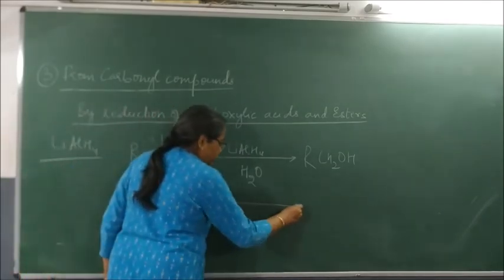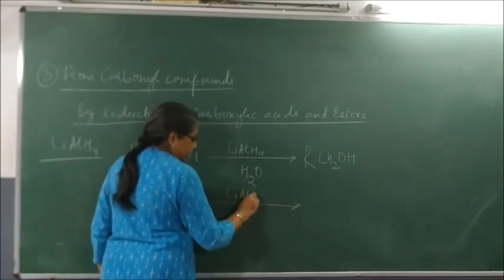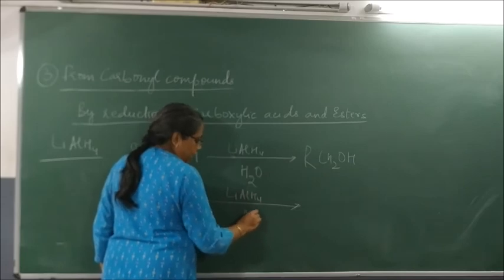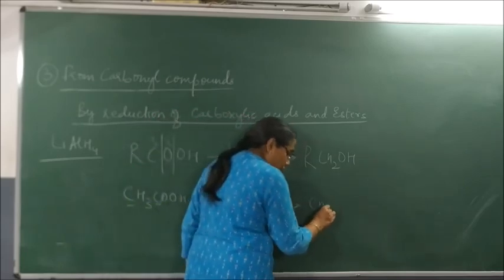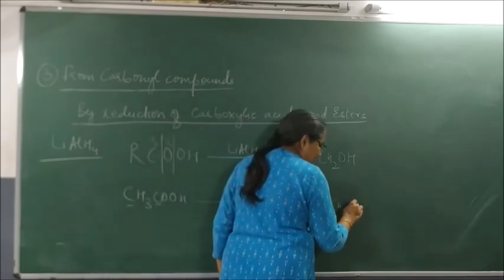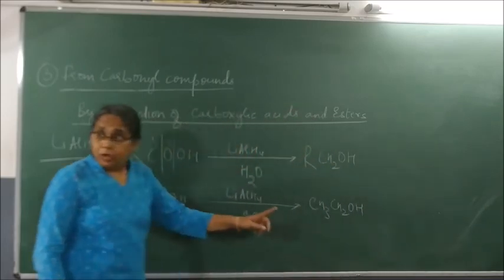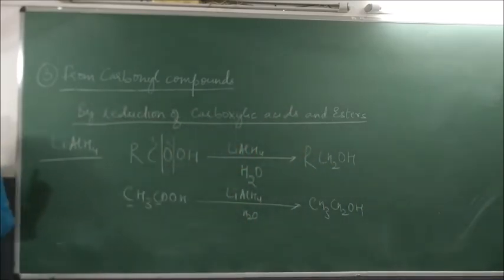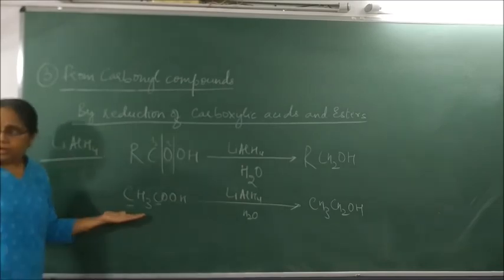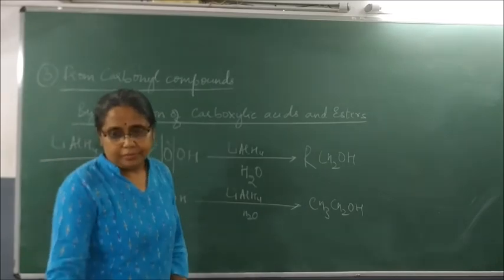When it is reduced in presence of LiAlH4 followed by hydrolysis, you will also get an alcohol containing how many carbon atoms? 2 carbon atoms. Primary alcohol. All acids will give a primary alcohol containing the same number of carbon atoms. Okay, this part clear?